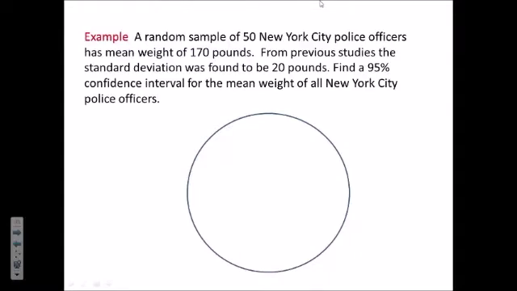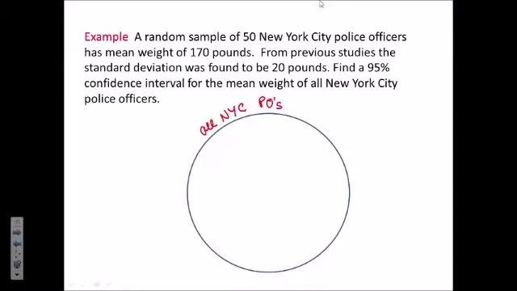It might be helpful to make a diagram to summarize the problem. The population we're interested in is all New York City police officers.